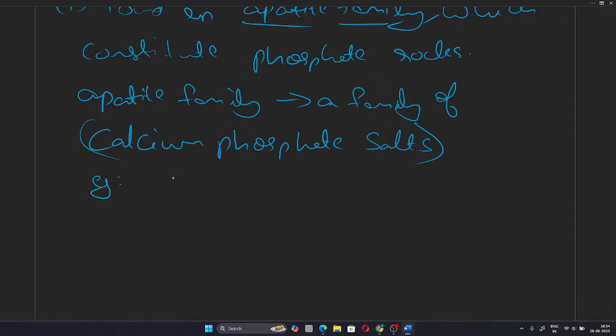Example, fluoroapatite. And second, found in living cells.